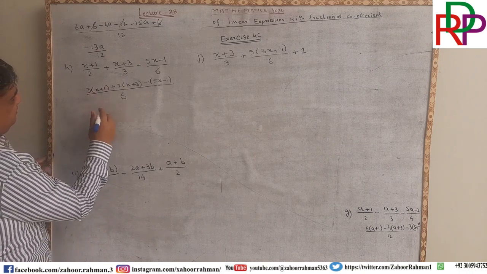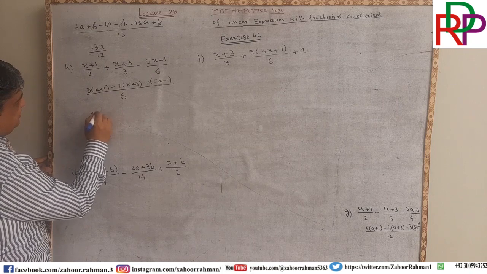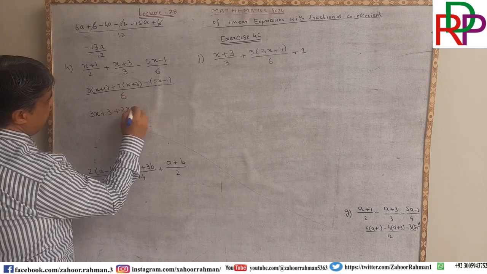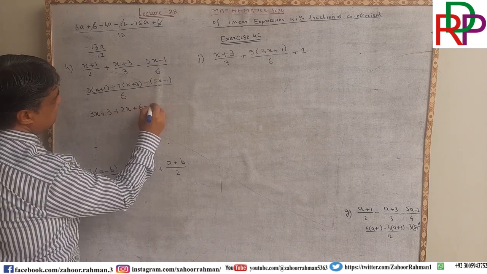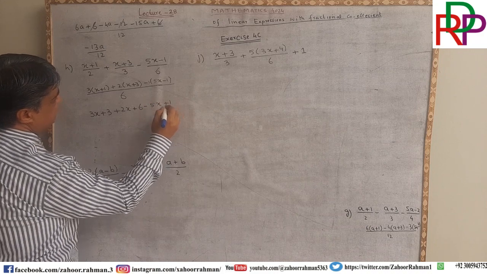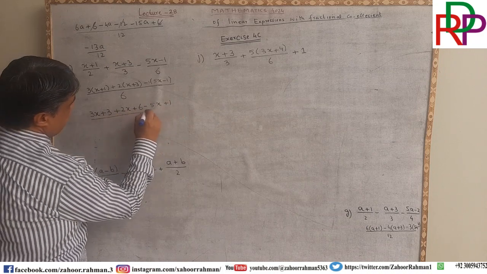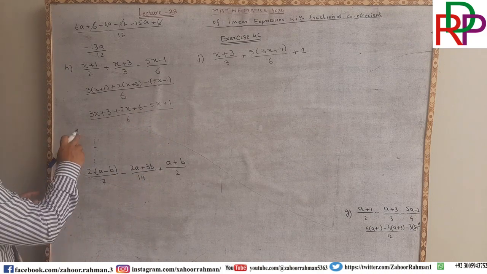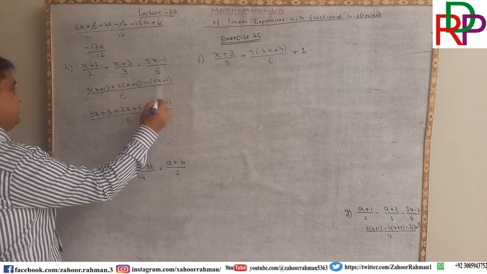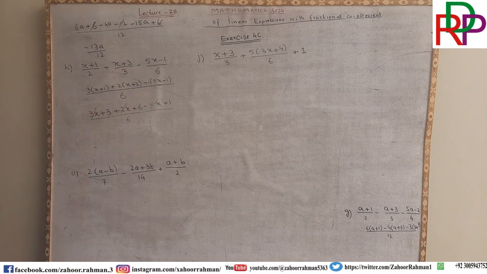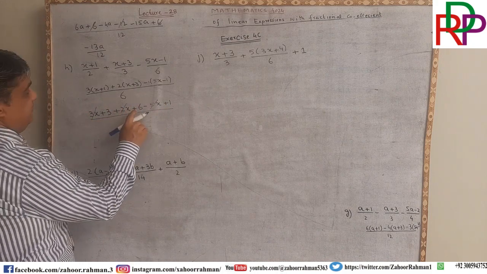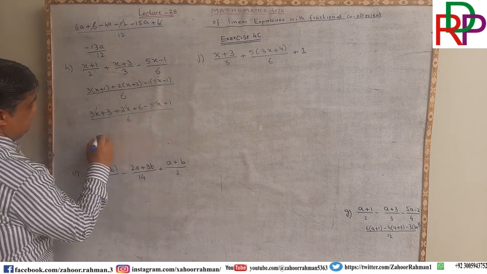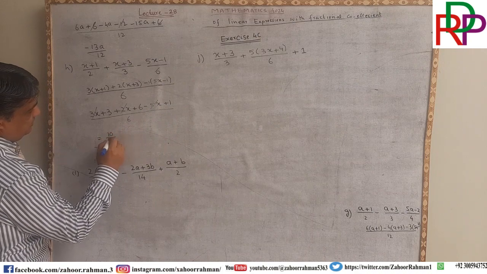So here I have to expand it: 3x plus 3 plus 2x plus 6 minus 5x plus 1, whole divided by 6. Similar terms will be added. So 3x plus 2x is 5x and minus 5x, so it will cancel. And plus 3 and plus 6 and plus 1 will give you 10. So the answer will be 10 over 6.